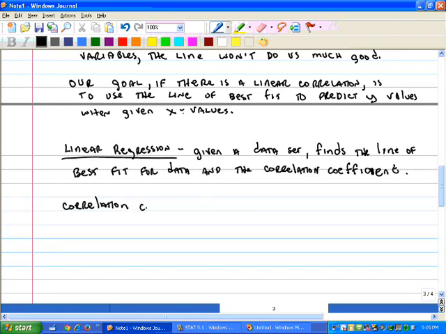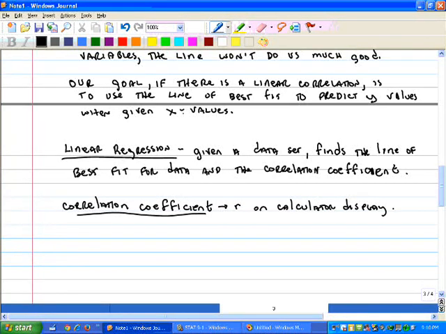The correlation coefficient is represented by R on the display of the calculator when we do a linear regression. Always, -1 is less than or equal to the correlation coefficient, which is less than or equal to 1. Another way of saying that is the absolute value of R is always less than or equal to 1.